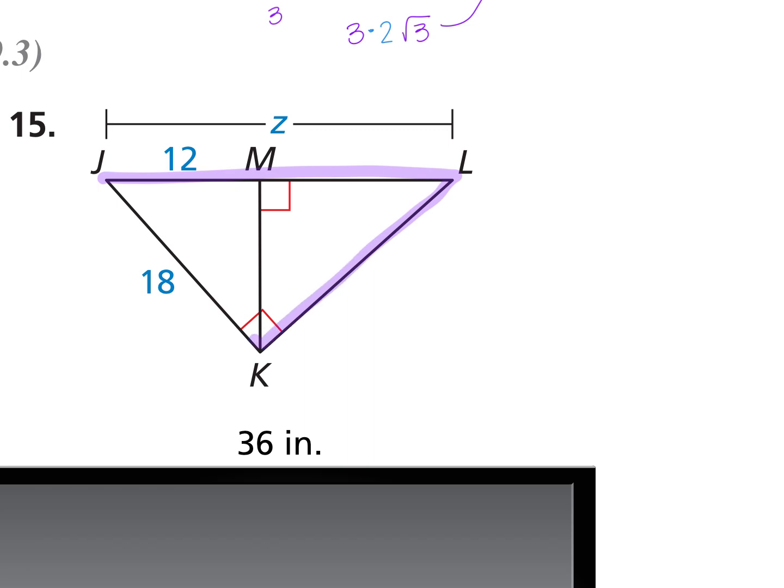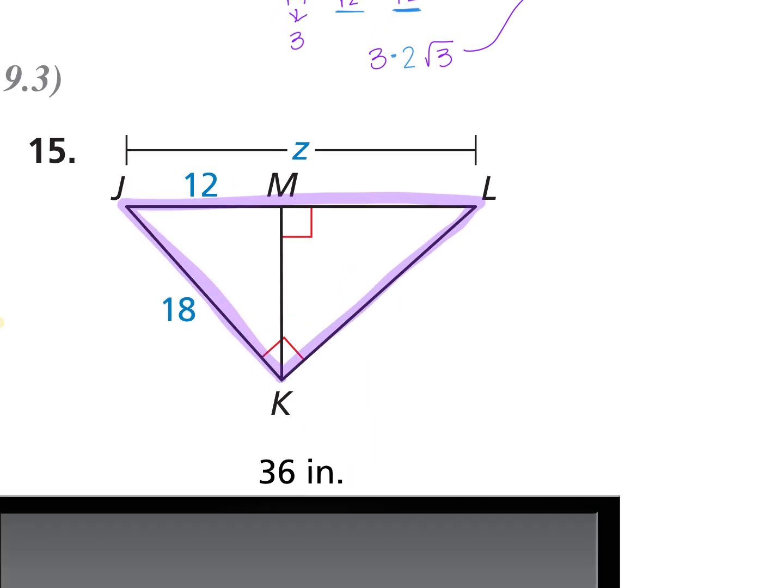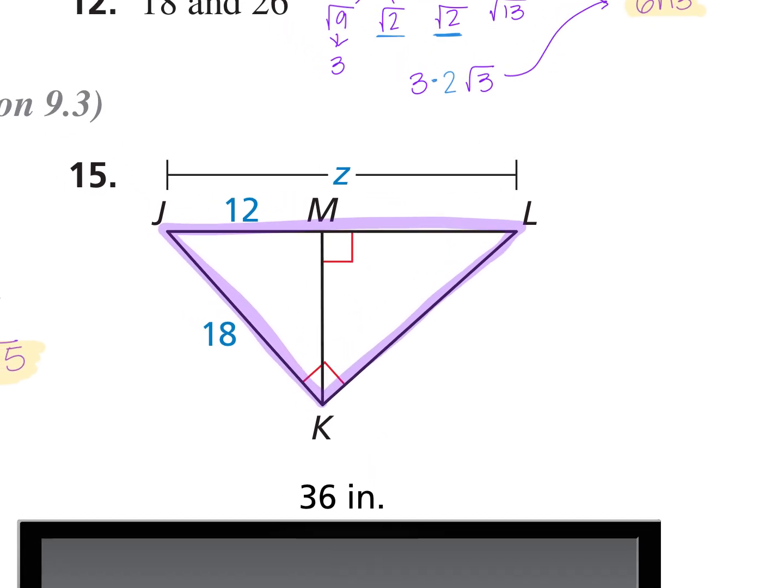So I have my large triangle right here. I'm going to have triangle KJL, that's similar to triangle, this one right here, MKL.